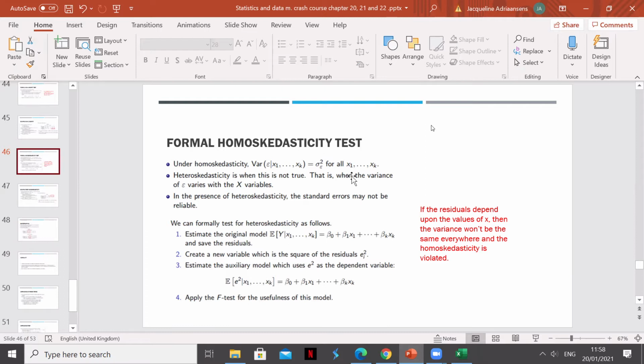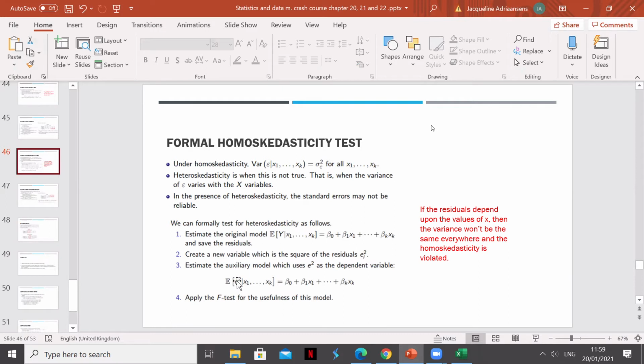That's the principle of your regression line. So they cancel out. And if you square them, then the negative values also become positive, and then they don't cancel out. So then you can test if at small values the E squared is, for example, very small, and if at bigger values of X it is very big, then of course there is no constant variance. And that's what you want to test.